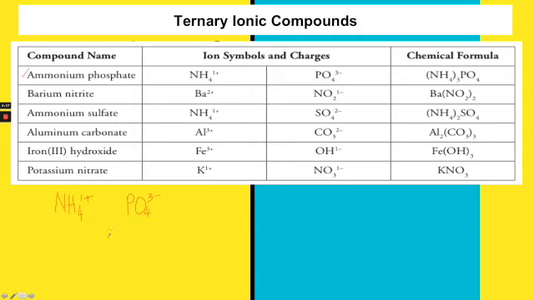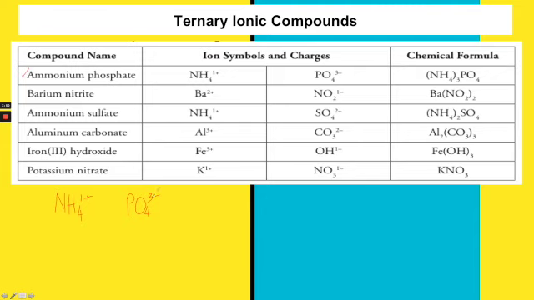The rule to apply here: when we have only one polyatomic ion, we are not using parentheses. But when it is more than one, we enclose the entire polyatomic ion in parentheses. So no parentheses if it is only one polyatomic ion.